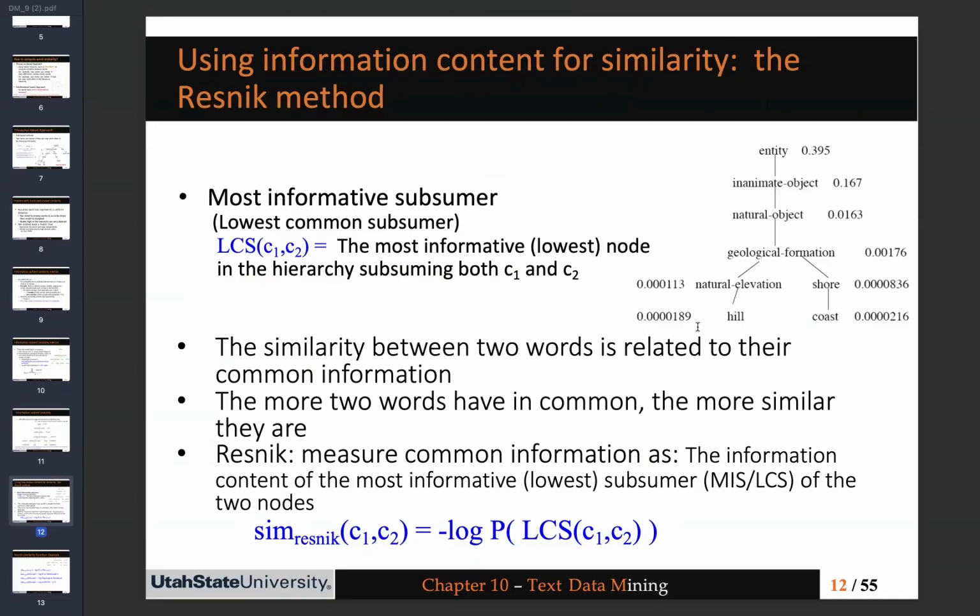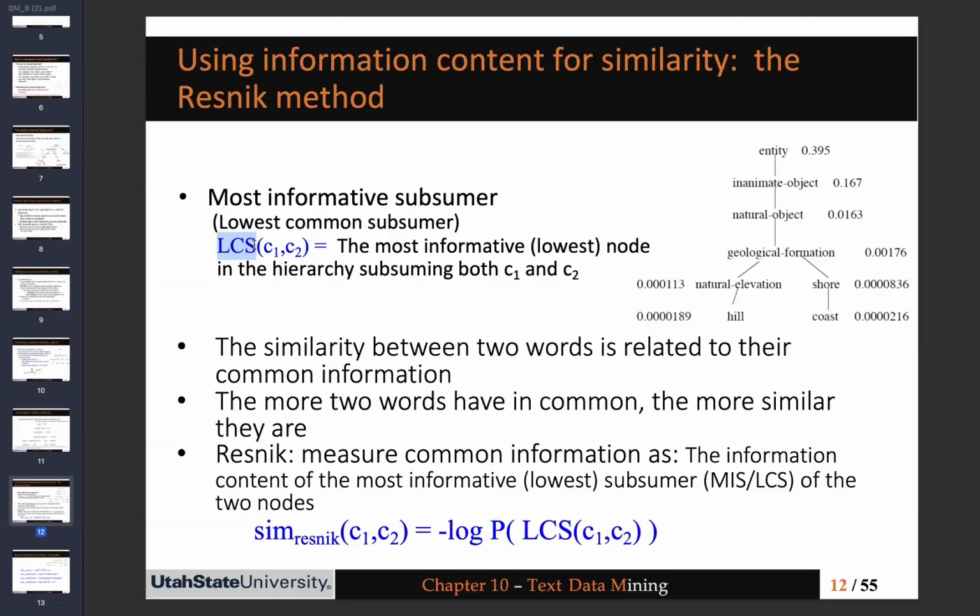So we're going to start with the first Resnik metric. And the Resnik idea is that two words are similar if they share a lot of information. And what I mean by sharing a lot of information is thanks to this nice metric, LCS, also known as the lowest common subsumer. So here the lowest simply means the most informative common subsumer.